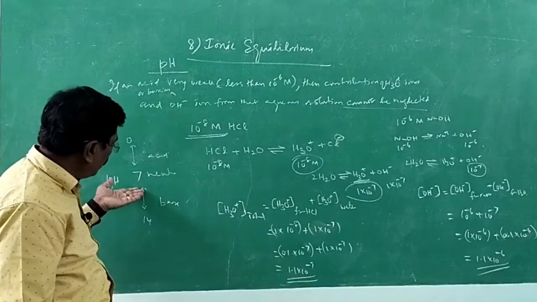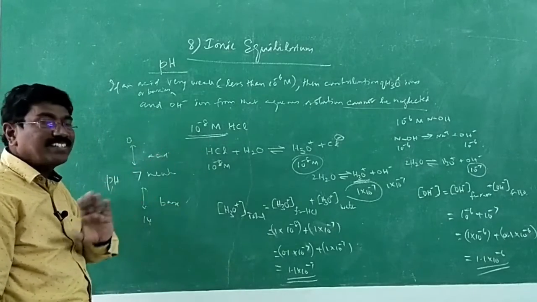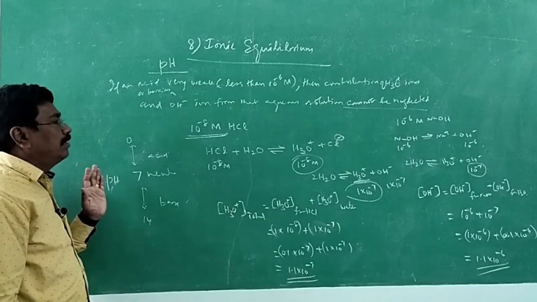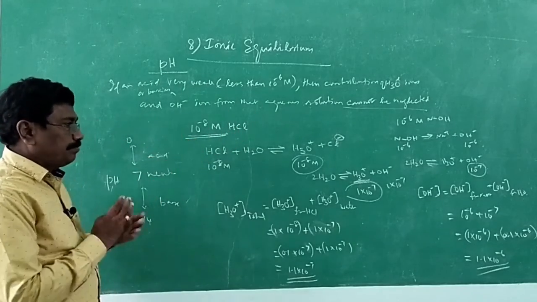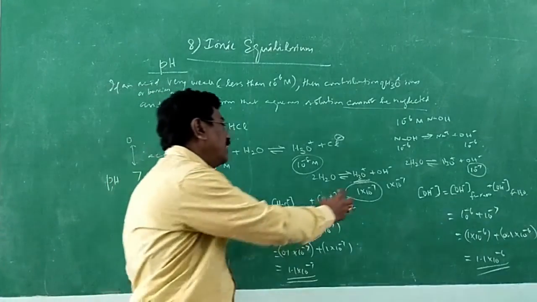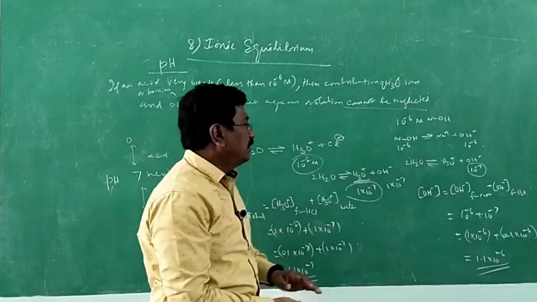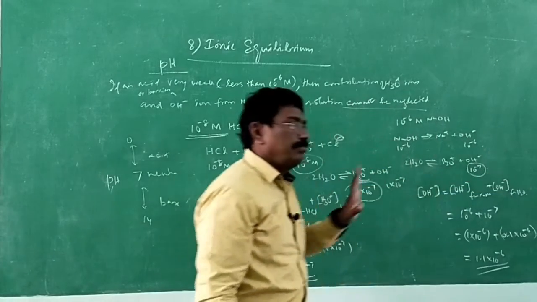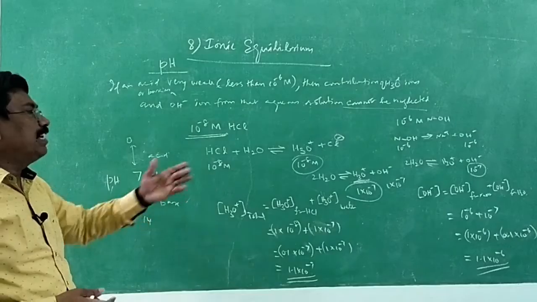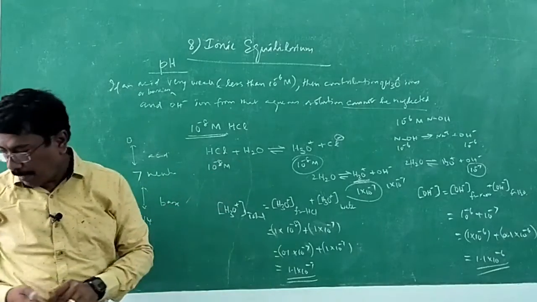It may lead to a conclusion that it is a base. It is not possible. An acid is always acid. All right. In the case of a base, also same thing we have to do. We have to add the concentration of hydrogen ion available from water. Only then we will be getting correct pH or pOH. If we do the calculation, we will be getting correct pH or correct pOH, whatever it may be.